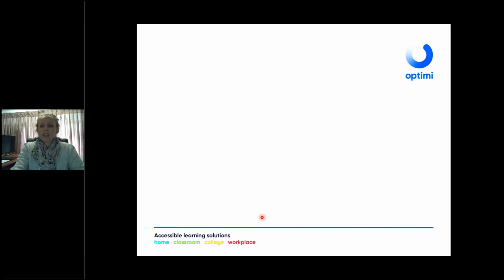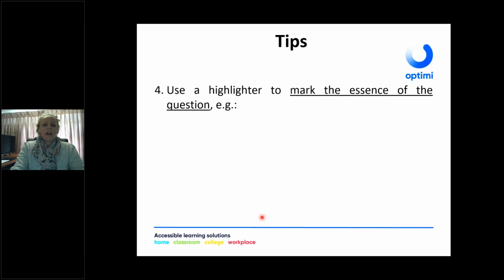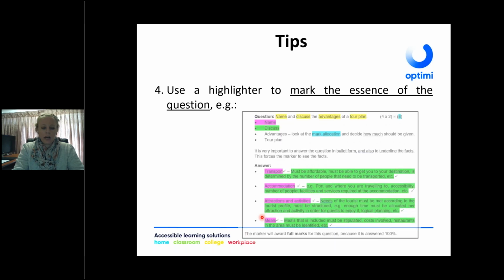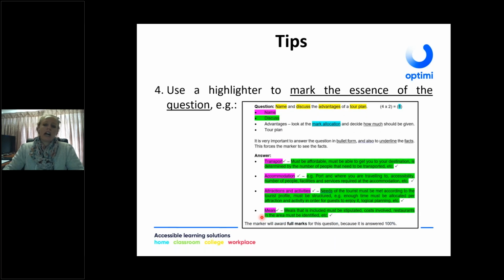Okay. So if you move along, then you can also take a highlighter. Take a highlighter and mark the essence of every question so that you understand what needs to be done and so that you understand what the examiner wants to see from you in your script. So I have an example here for you.